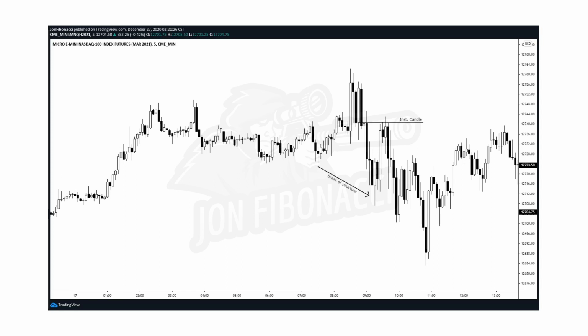So right here, you see that break of structure, and then the market rallies to the upside as a retracement, and it hits an institutional candle. For those that might be a little bit confused, it's this up candle here, the up candle before the down movement that breaks structure, and then a return to that, again the open, and then the candles are respecting that level.